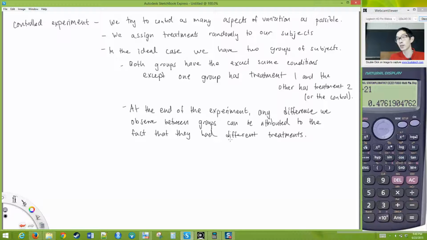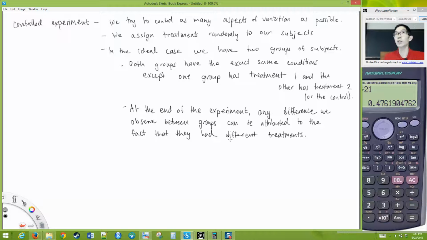So ideally you would have a mixed group 1 and a mixed group 2, and you would have everything else the same. They're under the same conditions, and the only difference is that this group gets the treatment and this group gets the control, and that's why they're different. Yes? So one of the groups is called the control and the other group, what's that one called?